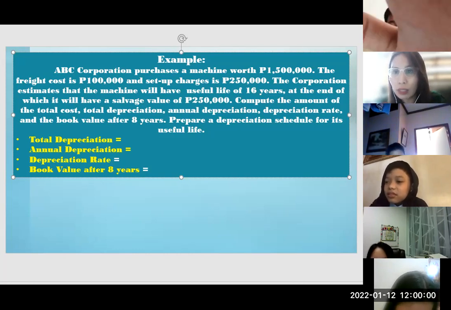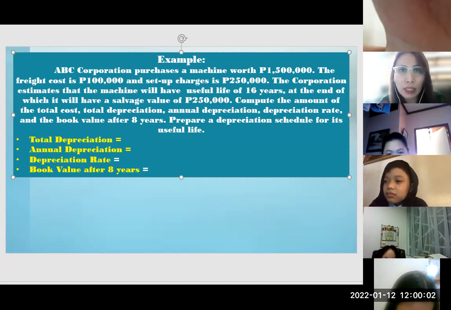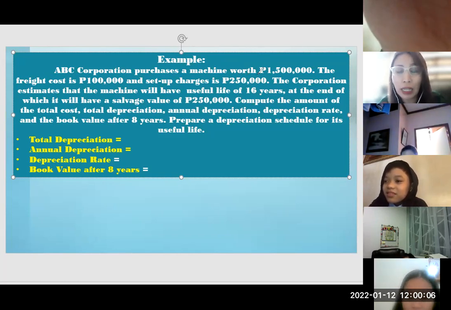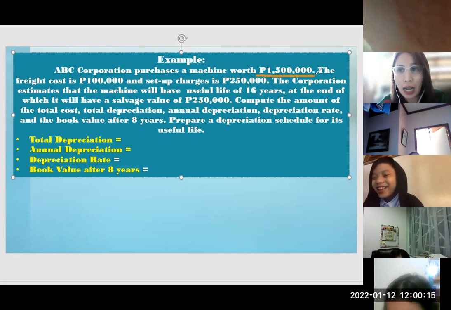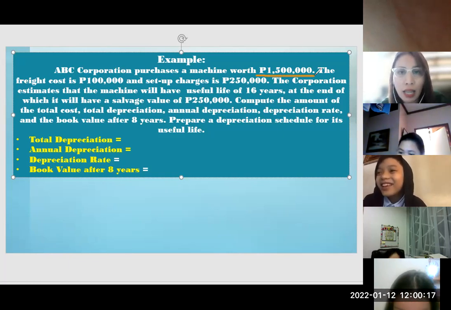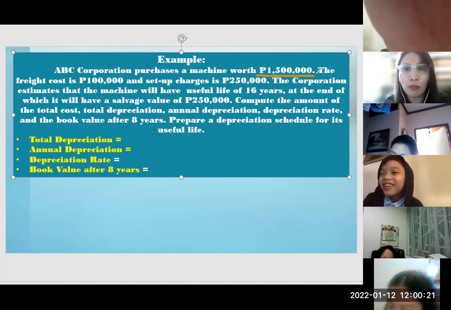So, ayan. Let me highlight the important details or the important given sa ating problem for today. So, machine the worth. Ito po yung original cost, but this is not yet the value to be recorded sa ating book value.